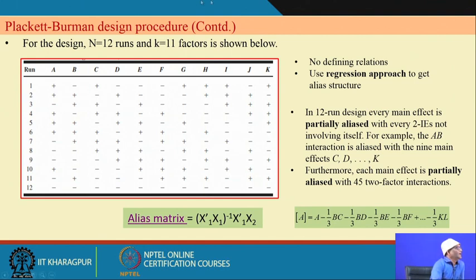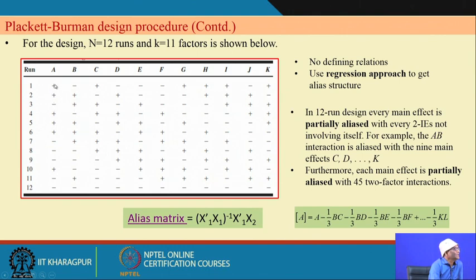You see here we have 11 factors, and that means we require a minimum of 12 runs. So, you have run numbers 1 to 12 and on this side 11 factors. Now, the first trial is plus minus plus minus minus minus plus plus plus minus plus. Suppose this is what you have started with. Then the second one will be where you have ended with plus.